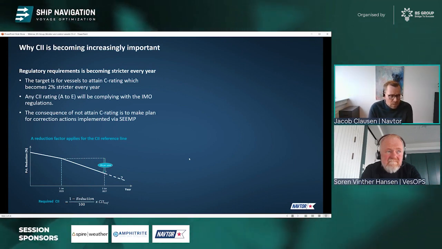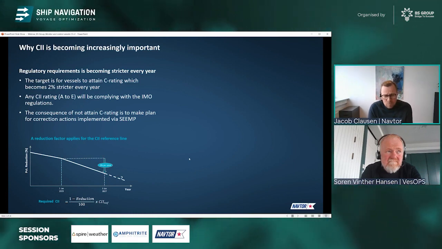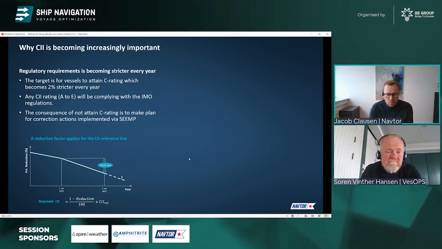So there's nothing that says that you're not compliant, but obviously the consequence is that you need to do more in making corrective actions in your SEEMP, and of course also in your SEEMP part 3, being able to document your trajectories for reductions over the coming 3 years, etc.